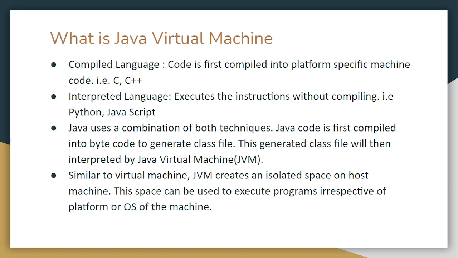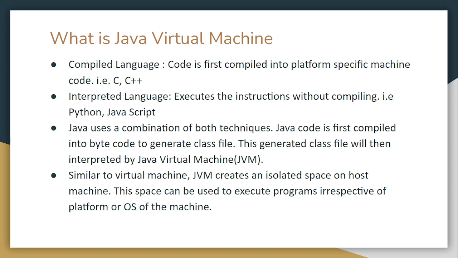Java code is first compiled into bytecode to generate a class file, and this generated class file will then be interpreted by the Java Virtual Machine (JVM). Similar to a virtual machine, JVM creates an isolated space on the host machine.